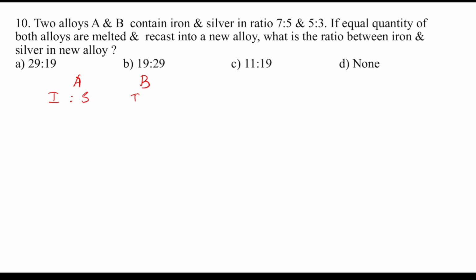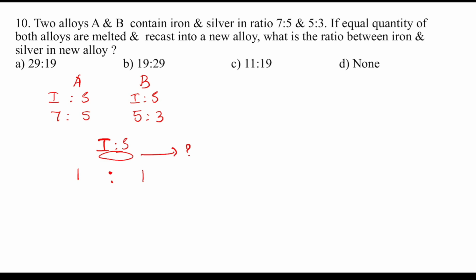A will have a 7:5 ratio and B will have 5:3. If equal quantities of both alloys are melted, equal means 1:1, then how much will be iron and silver in this new alloy?